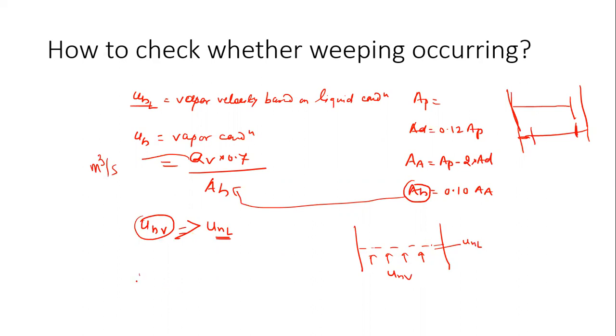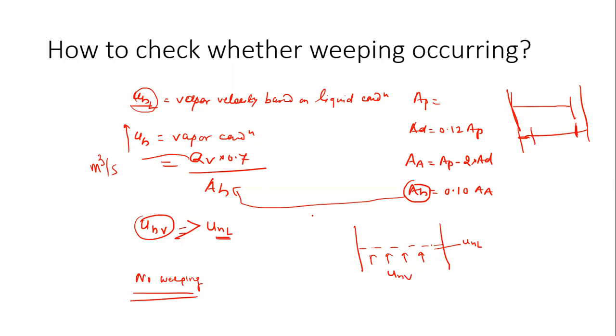Hence there is no weeping. If weeping is occurring, what will you do? You will reduce area of hole so that this vapor velocity will go up, higher than this, and there is no weeping.